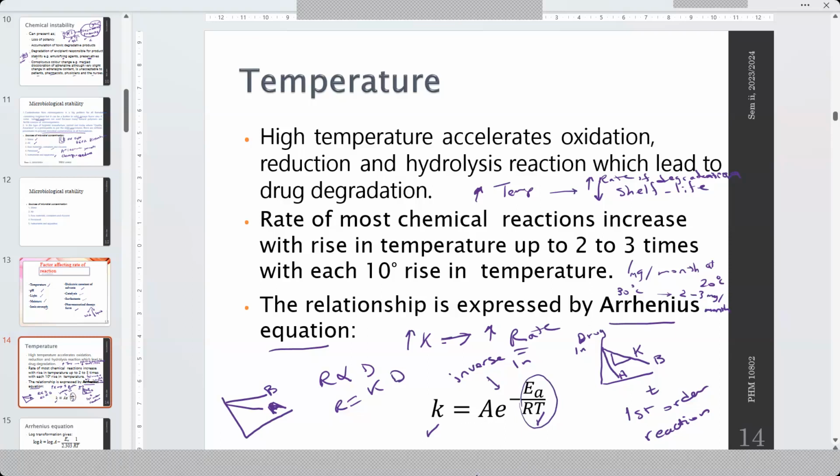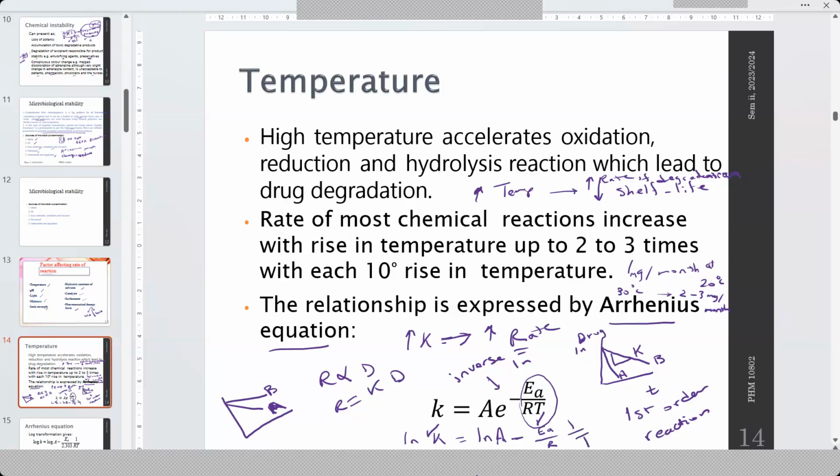When you take inverse ln, there is no ln at all. So minus the activation energy divided by, this is not room temperature, RT. R is the gas constant. Multiply by 1 divided by T.